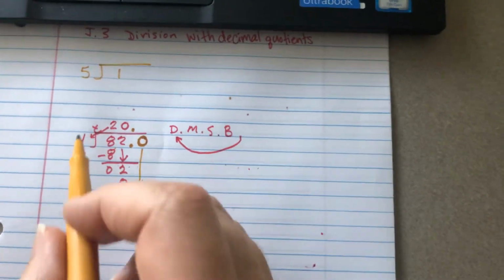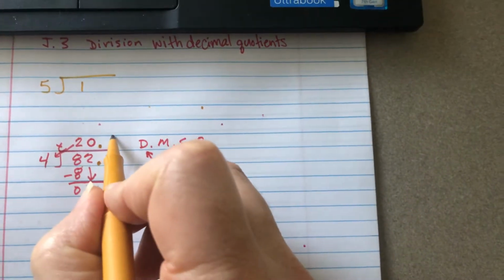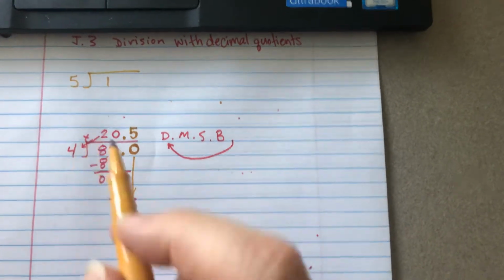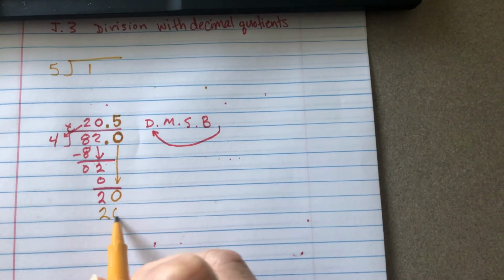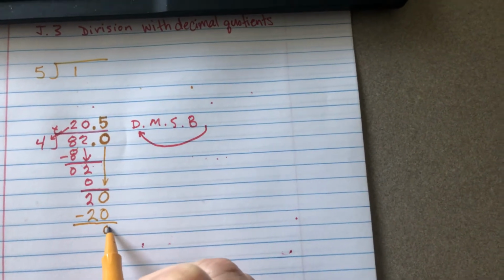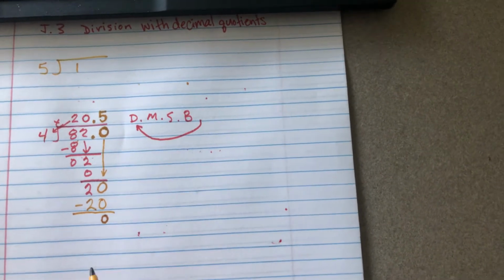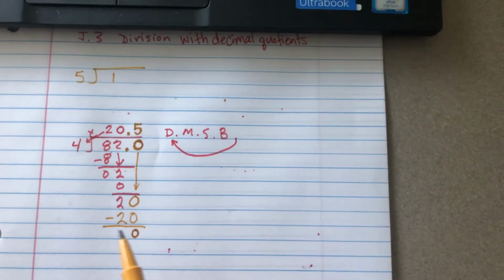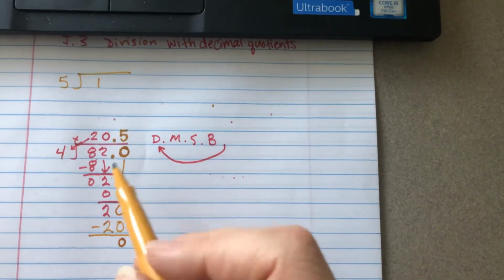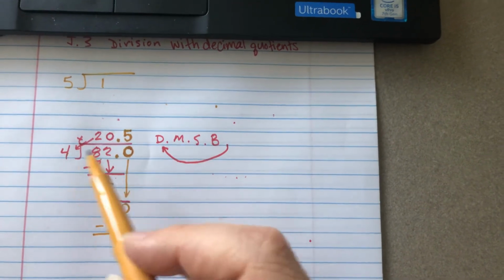Okay, so 20 divided by 4. Well, that's 5, Mr. Voigt. That's correct. 5 times 4 is 20. Then we subtract. 20 minus 20 is 0. And we have no numbers left to work with. So we're done. And if we had a remainder, for example, 2, that would be 2/4.